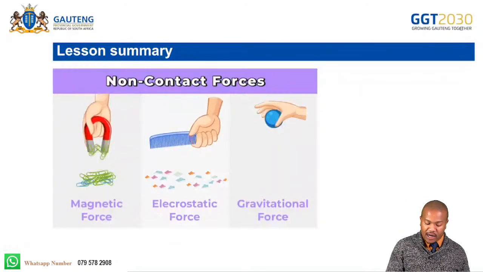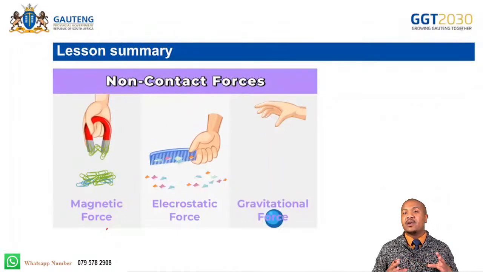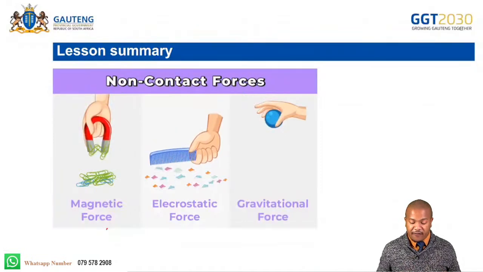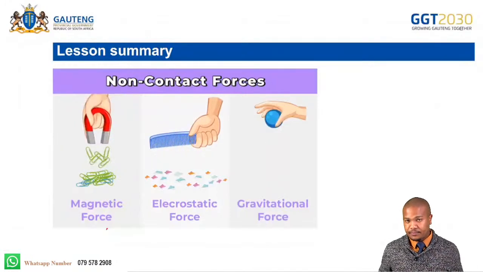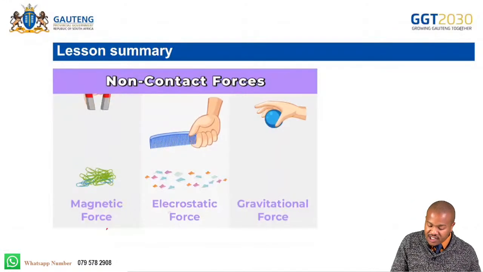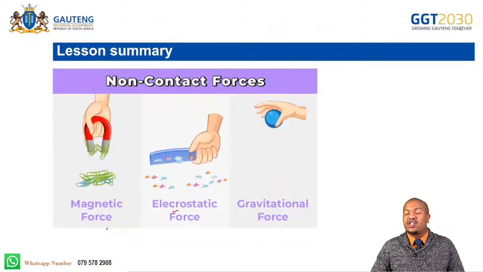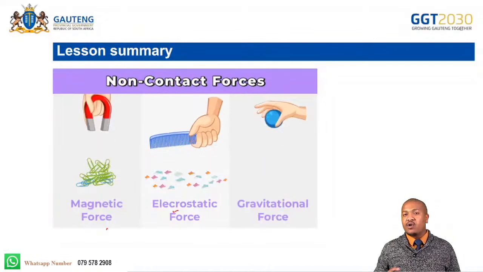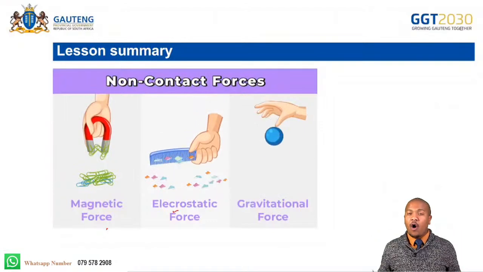So talking about magnetic force, we said that it happens between two magnetic materials, right? Magnetic materials act on a magnetic field where they are able to pull each other closely, right? Then electrostatic force, right? It happens because of the differences in electrical charges of objects, right? When one object is negatively charged and the other one is positively charged, there's going to be a force of attraction between these two objects, right?